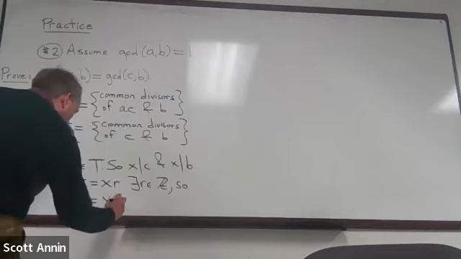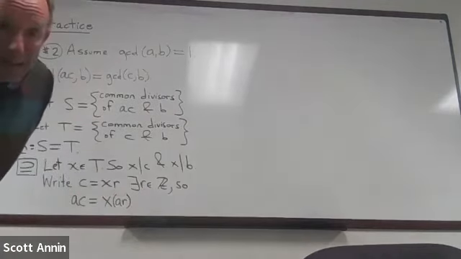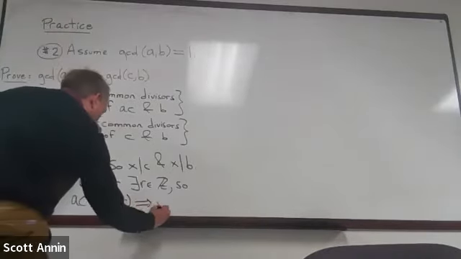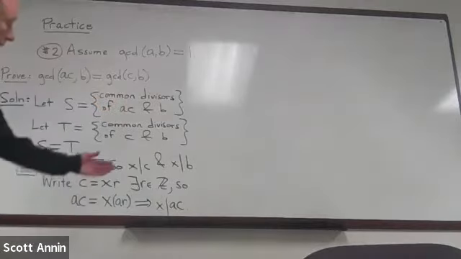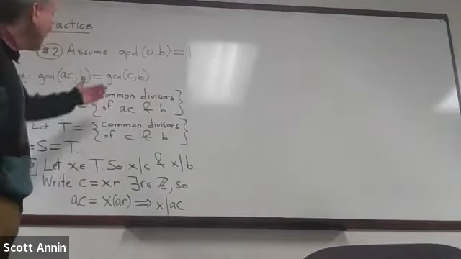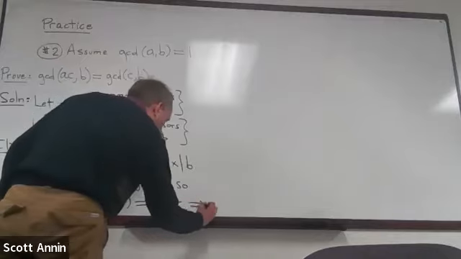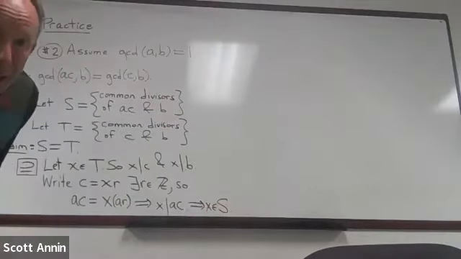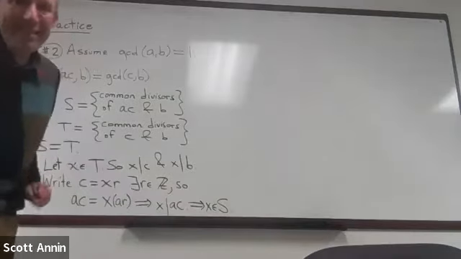I'll put the A over here with the R. So just multiplying through by A on that equation, this implies now that X divides AC. So X is going to divide AC, and it's also already dividing B. And so X is an element of S. That much we already know. So T is a subset of S.